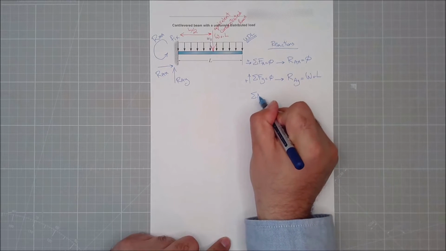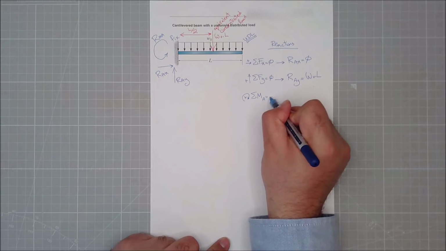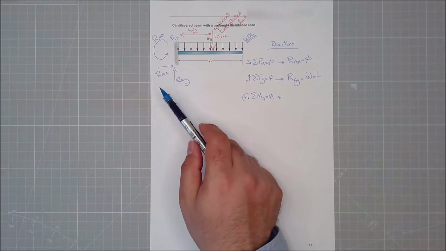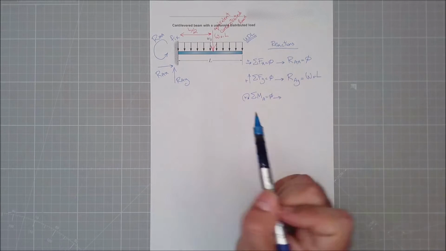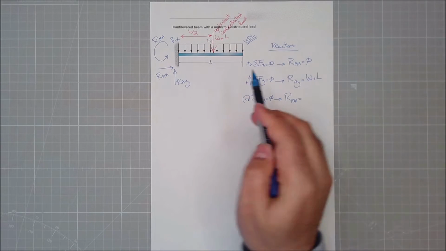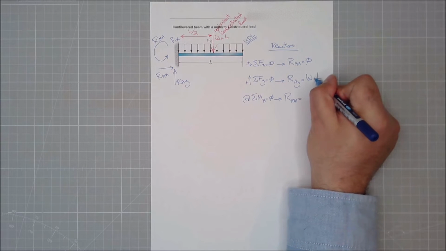Now what else is left? Summation of all moments about point A equals 0. Why am I taking point A? Because I'm getting rid of most of the unknowns. In this case, MA is equal to this guy times its length. I'm not going to use W0 anymore.